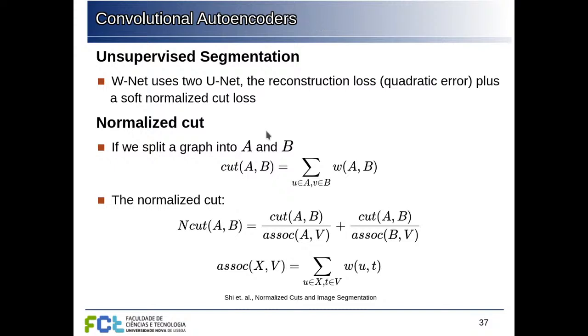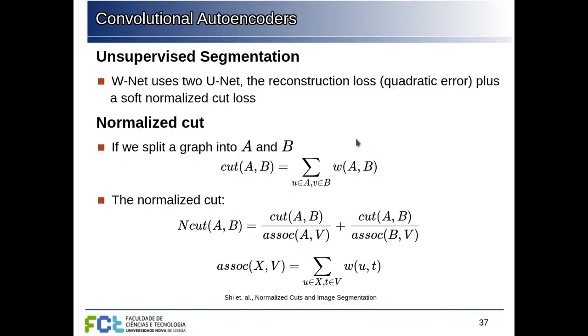So let's say we have a graph and we split it into a set of nodes A and the set of nodes B. We can compute the cut for this partition of the graph by adding all the weights between nodes in subgraph A and nodes in subgraph B.